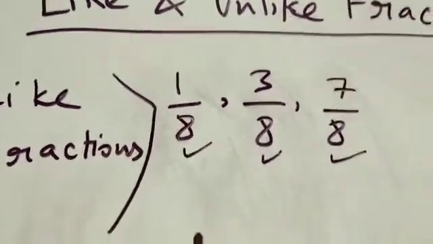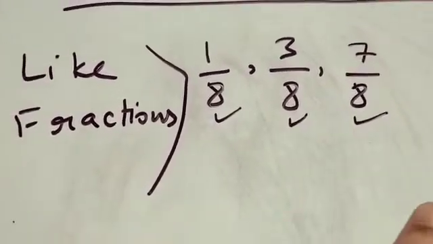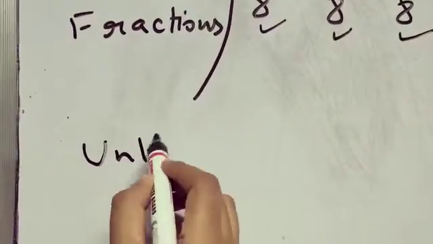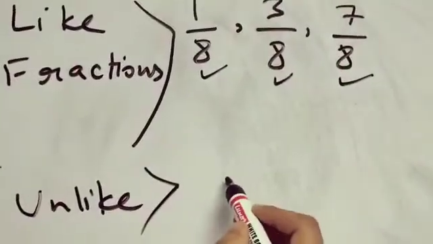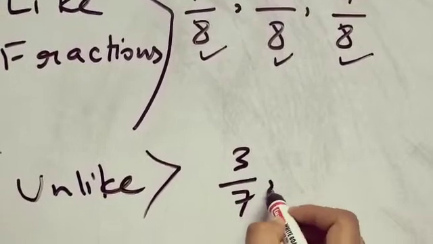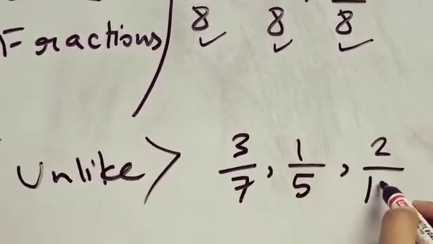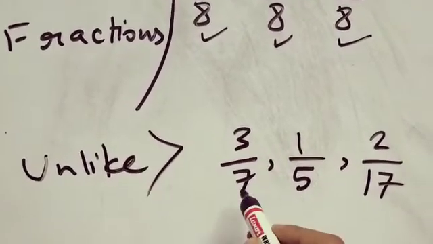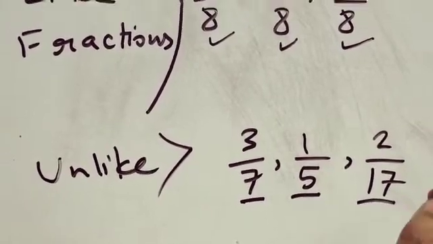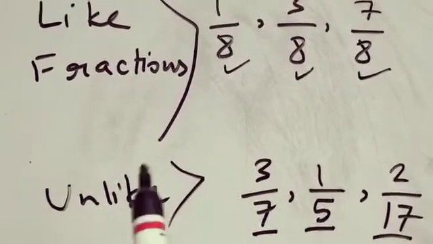That means the fractions which consist of the same denominator are called like fractions. Okay. Likewise, what are unlike fractions? Unlike fractions are those fractions whose denominators are not same, like 3 by 7, 1 by 5, 2 by 17. You can see in these three fractions there are three different denominators. Here 7, here 5, here 17. So the fractions which do not have same denominator are called unlike fractions.